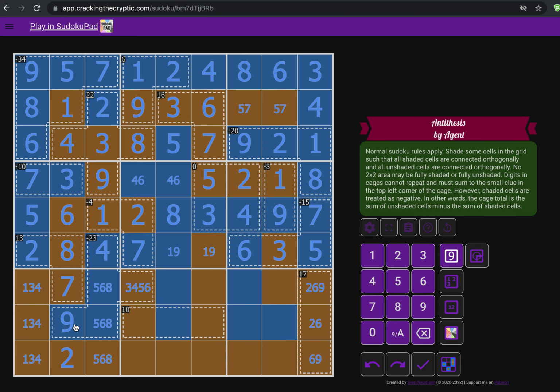Okay, so how do we cope with this? 4 and 9 is 13. -13. So we need another -10 to get -23. So we've got to twiddle these into -10.